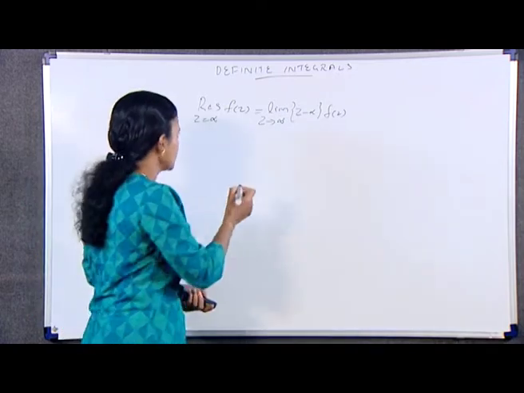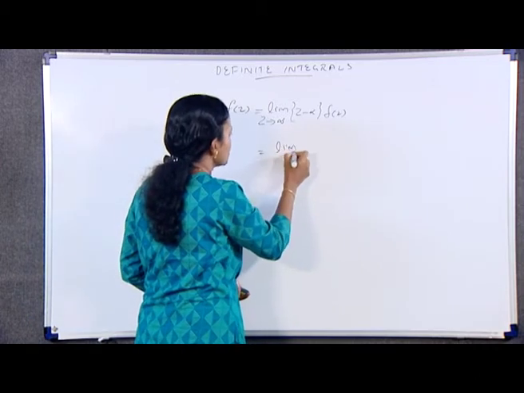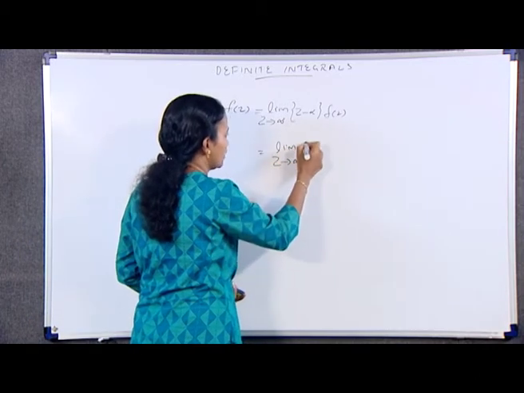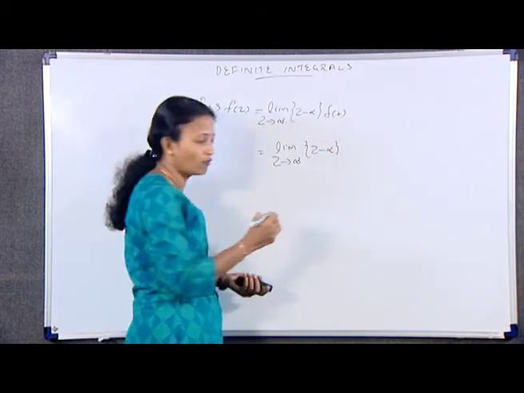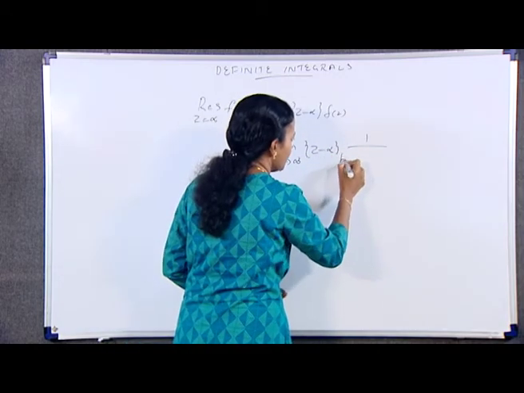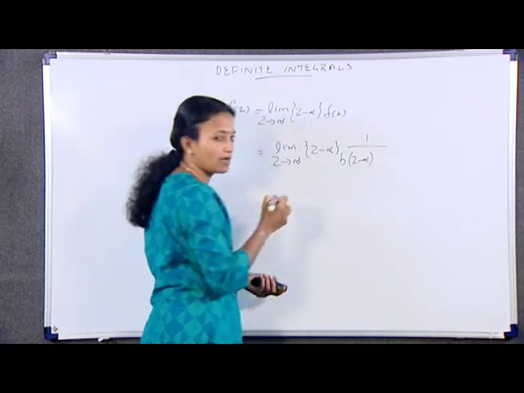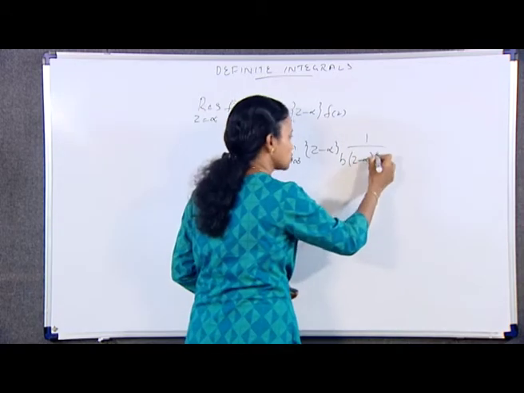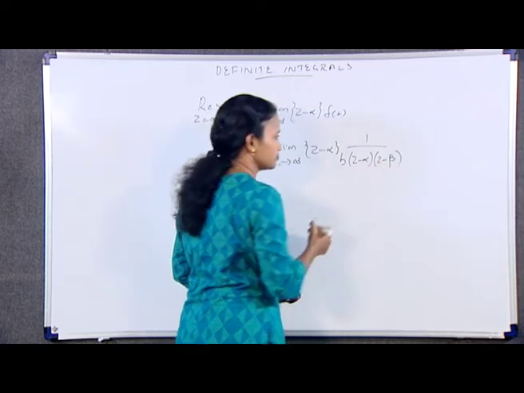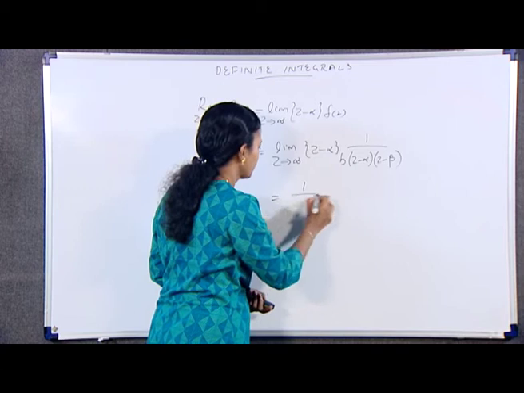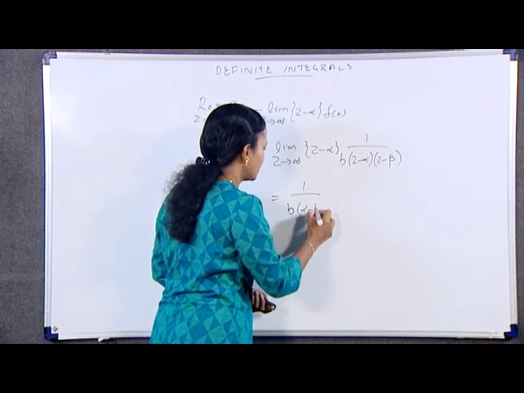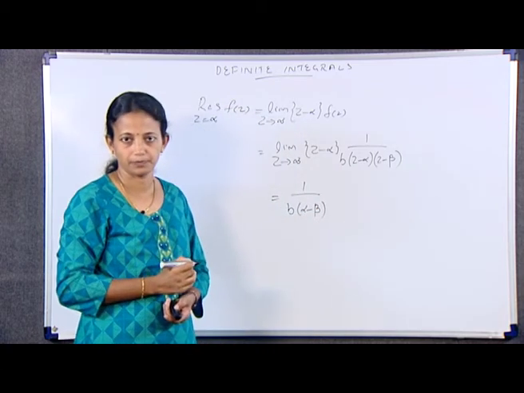That is, this can be written as limit z tending to alpha of (z minus alpha) into 1 by b into (z minus alpha) into (z minus beta). This is equal to 1 by b into (alpha minus beta).